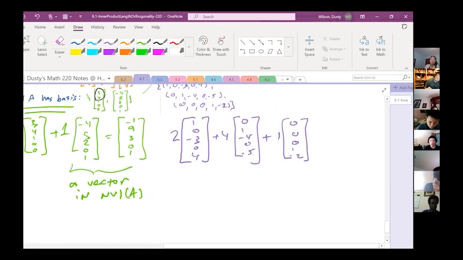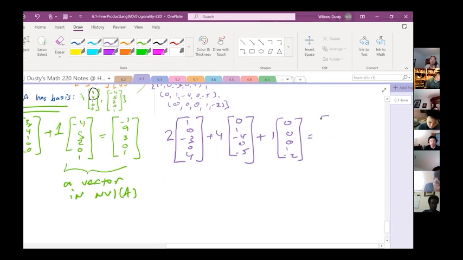Okay, I think I've got 2, 4, negative 22, 0, 14. Can somebody verify that I did okay?